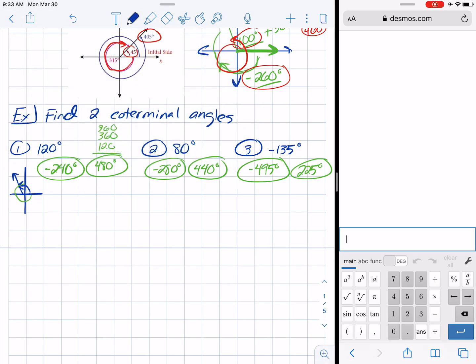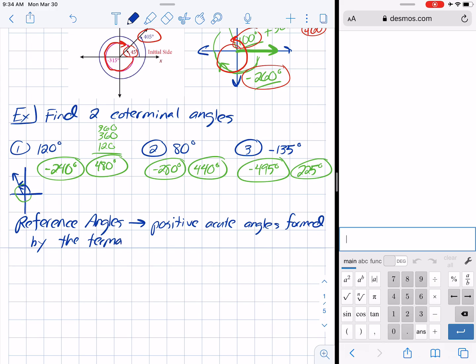Okay, another term we need to be familiar with are reference angles. Okay, and reference angles are just positive, acute angles formed by the terminal side and the x-axis.